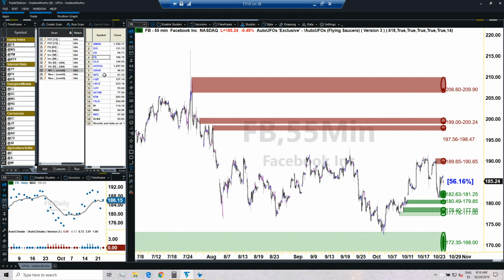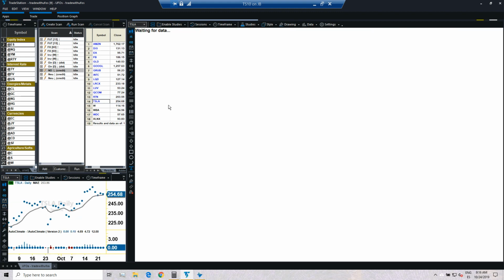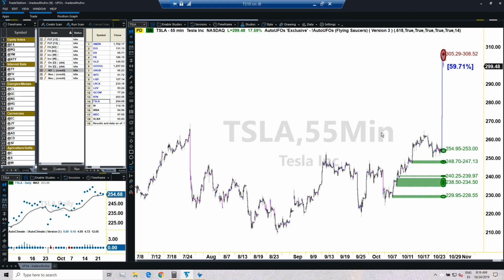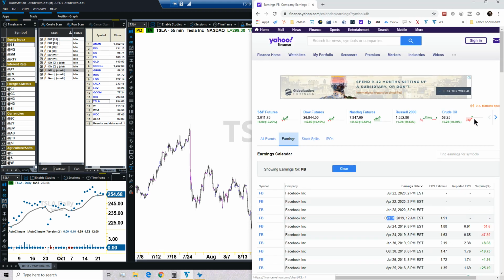Okay, so I'm gonna keep going here. Just looking at the list. Well, you know what? I'm just gonna go for Tesla. That one is normally a stock with a great level of premium in it. So we'll go for that one. Oh, okay, I see what's happening here. 17% up overnight. So this has to be earnings on Tesla.